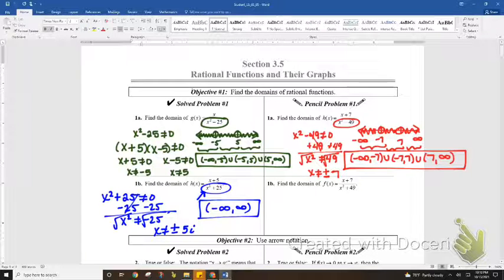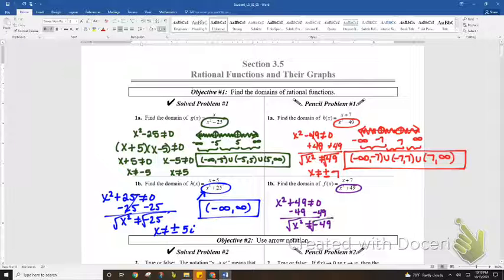And then pencil problem 1b, same idea. We're looking for the domain. We have a fraction with x in the denominator, so our denominator cannot equal 0. Again, we cannot factor this as a sum of squares, so we're going to just move the 49 over. So x squared cannot equal negative 49.